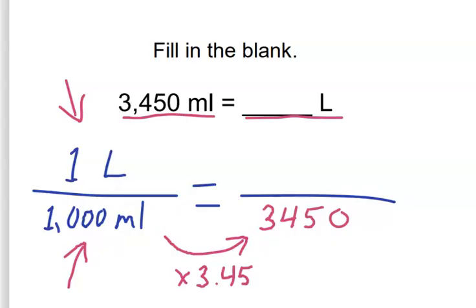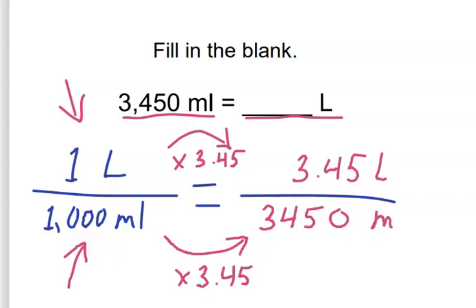Because that's how many thousands you can get out of 3,450. And of course, you're going to have to do the same thing with the liters. So when we do our very, very complicated math and multiply 1 times 3.45, we're going to end up with 3.45. All right, so it's going to be 3.45 liters for every 3,450 milliliters. So that is our answer, 3.45.